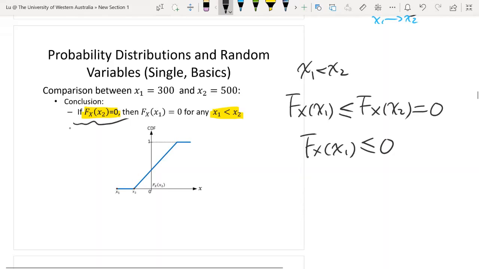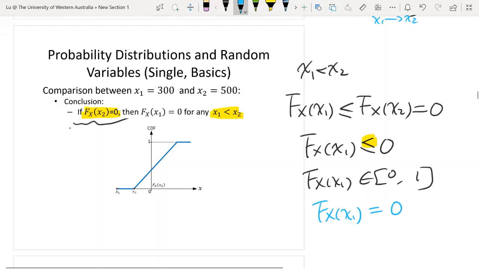But this CDF function must be between 0 and 1. It's impossible to get a value smaller than 0. So the only possible value for this Fx(x1) must be 0 only.